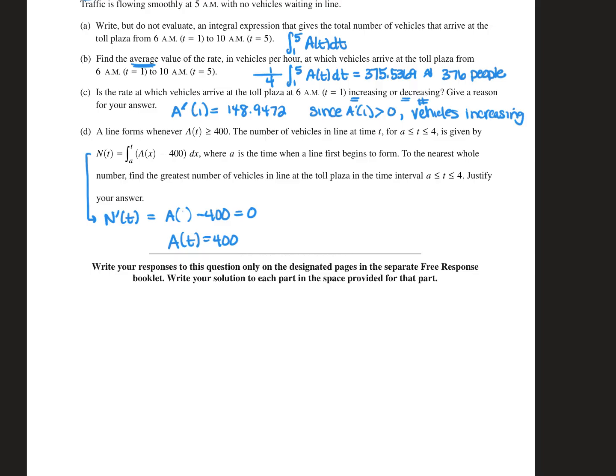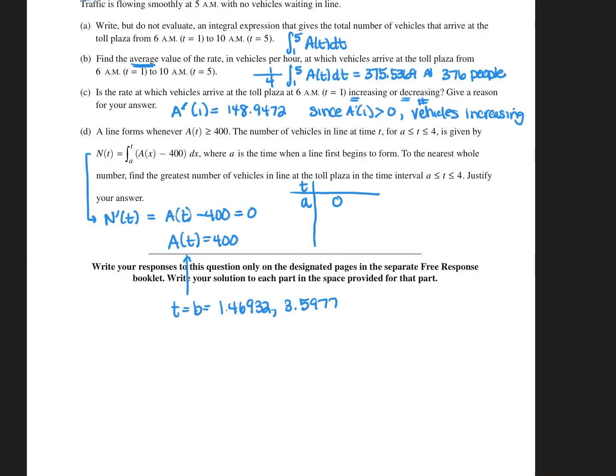We're going to do that directly in our calculator. You graph A of t, and you graph 400, and you see where they intersect. And of course, we have to check our endpoints. Our first endpoint is going to be A, the time when it starts to have a line, so we know that's 0. Then the critical values, B, where t is nearly equal to B, are 1.46932 and 3.5977.